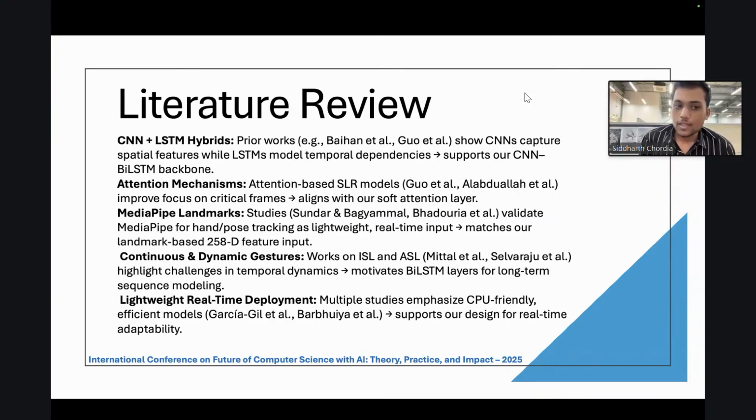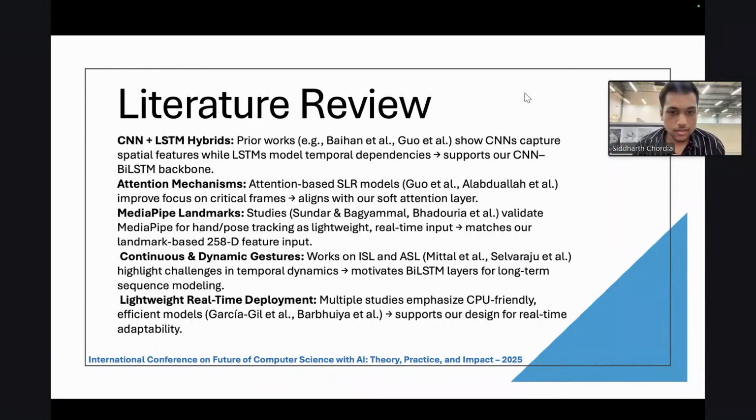We are using MediaPipe landmarks to track the hand positions and also the pose positions of the model, and all of them need to be translated in the live feed.